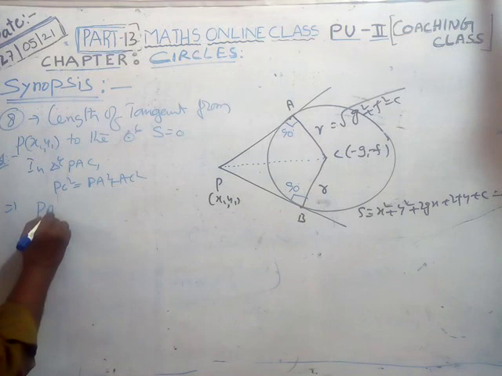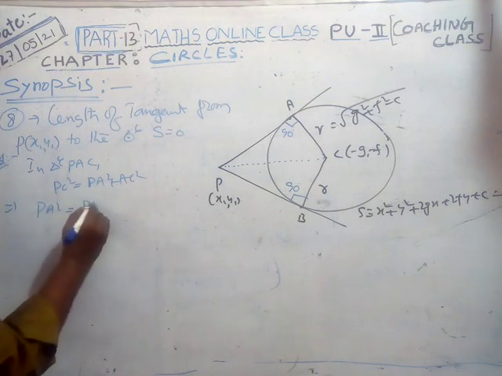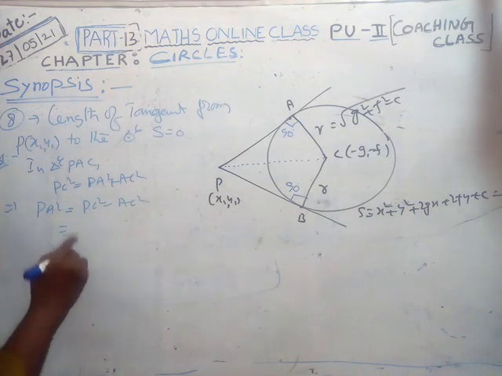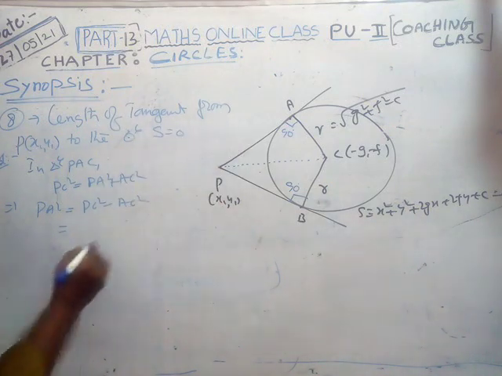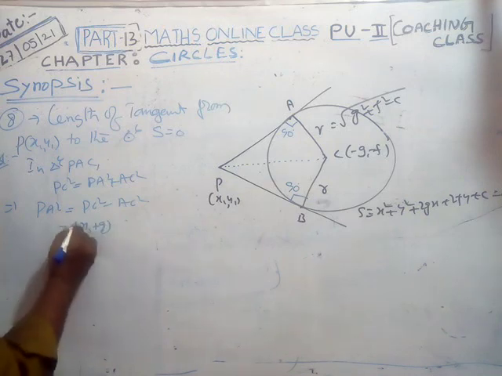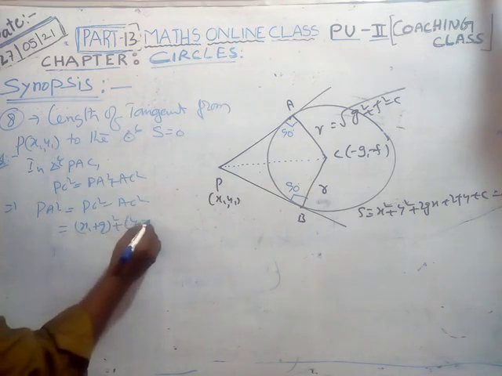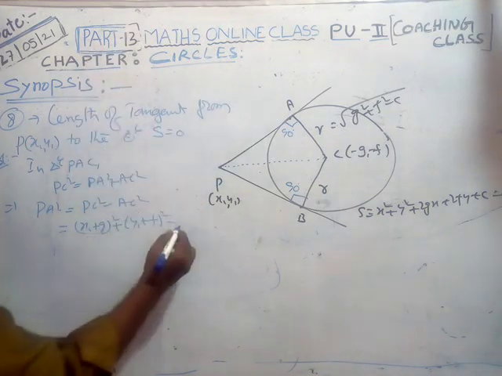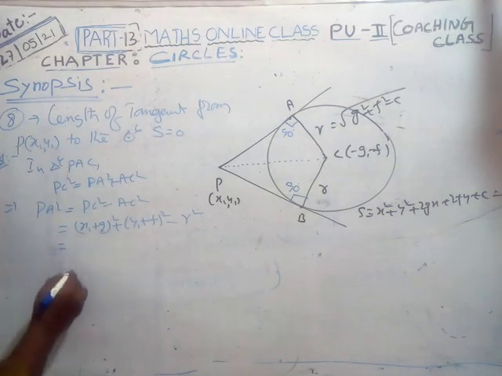That implies PA square, this is Pythagoras theorem, PA square is equal to PC square minus AC square. PC square is the distance between P and C. So (x1 minus of minus g) whole square, (y1 plus f) whole square, minus AC square, which is r square.